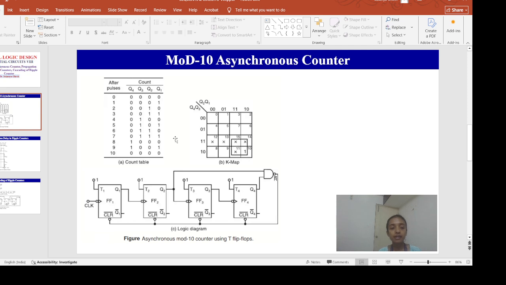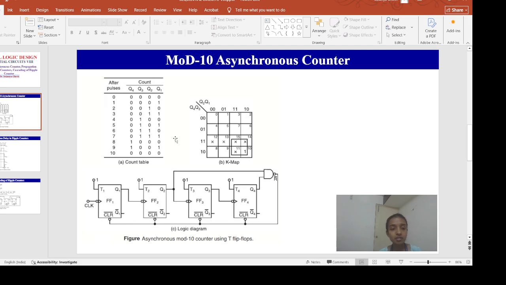A mod 10 asynchronous counter is also called a decade counter. It is also called a BCD counter, or a divide by 10 counter.